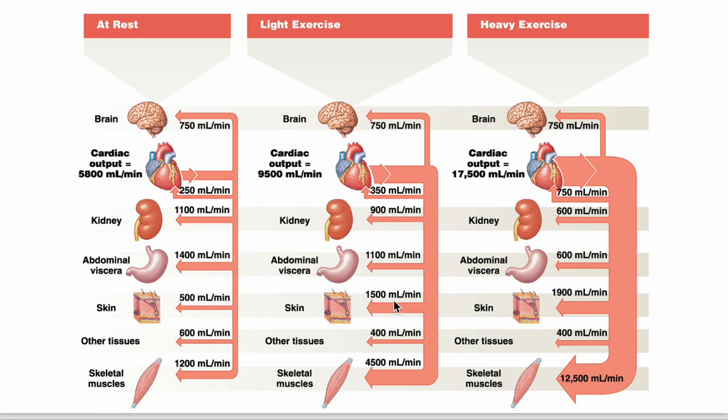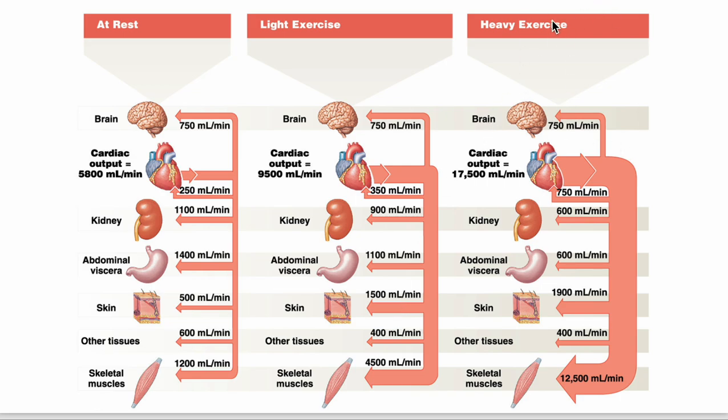And then maybe if you're really paying attention, you'll notice that the amount of blood going to the skin increases, and that's going to help us thermoregulate, right? As we use these skeletal muscles, we're going to generate heat. We want to moderate the impact of that heat by routing blood out to the skin in order for that heat to be lost, right?